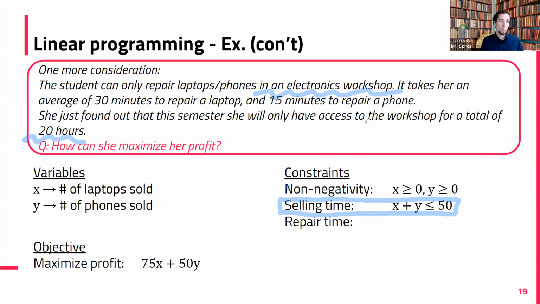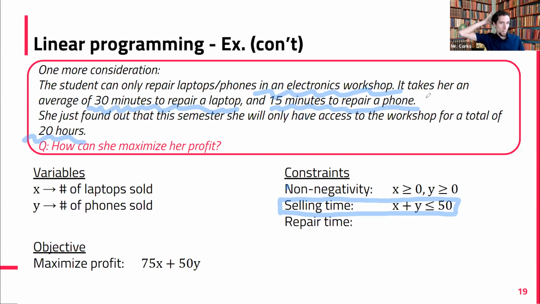Before, it was pretty obvious: if our selling time is equal for laptops and phones, but for laptops we earn more profit, then the answer is easily to do all laptops, so we get a higher profit. But now we see that in addition to that, laptops take twice as much time to repair.